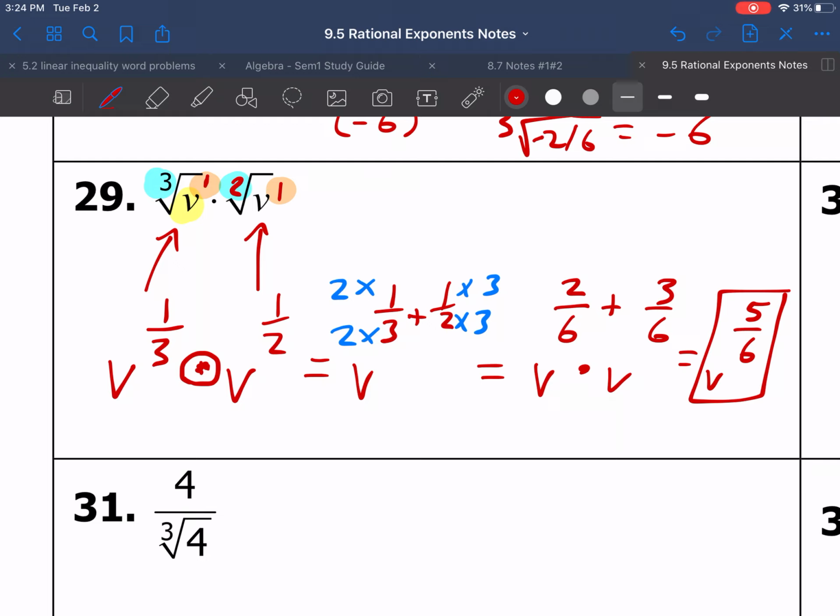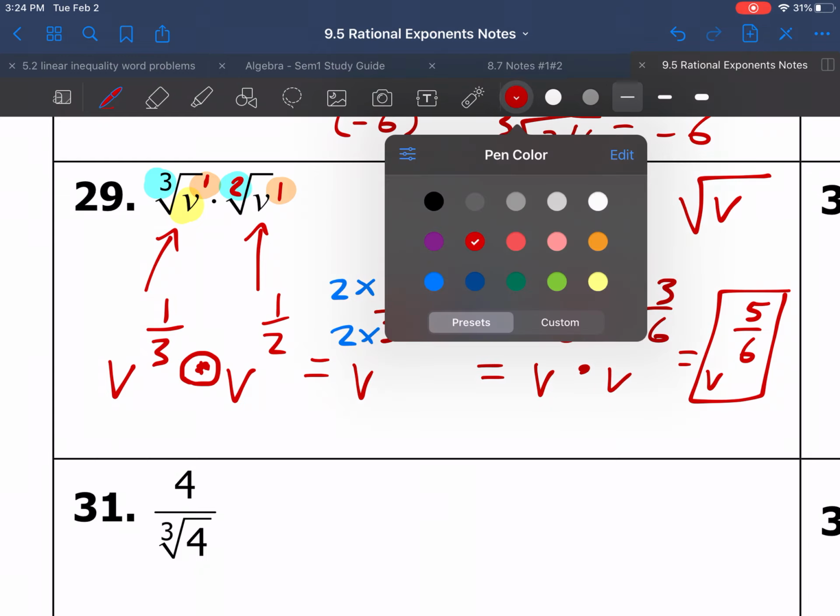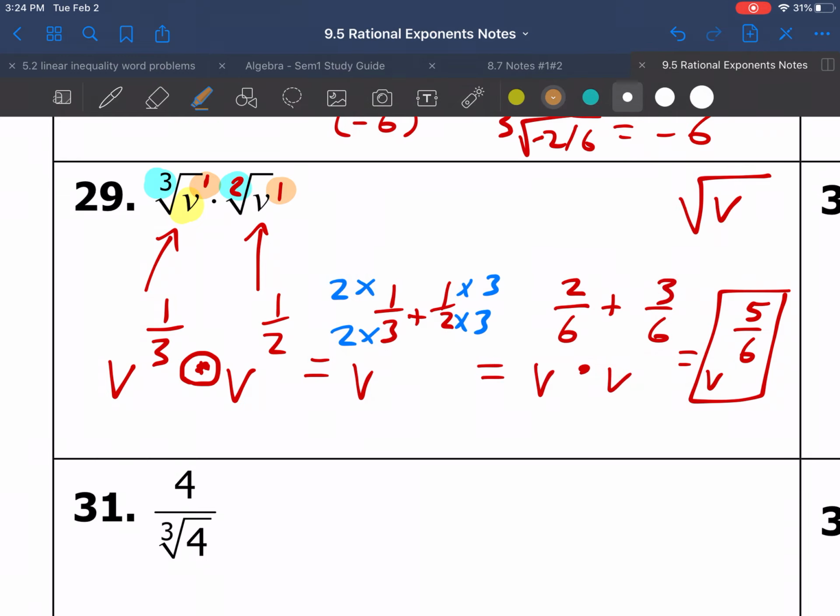And then if you absolutely had to, you could convert that back into a radical, which would be a radical that has a v underneath, and then again, just follow your locations backwards. This is on the top, the 5, this is on the bottom, which means the bottom goes here, and the top goes here. This could be a good acceptable answer. Either of these are pretty solid. That's a tough question, though.